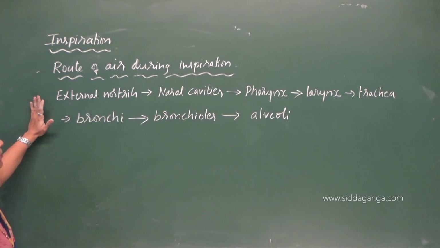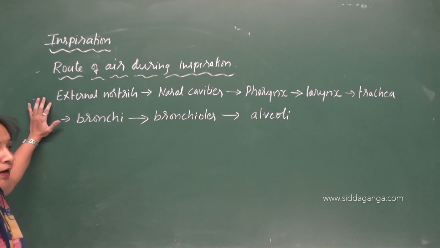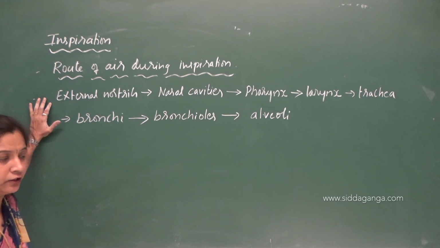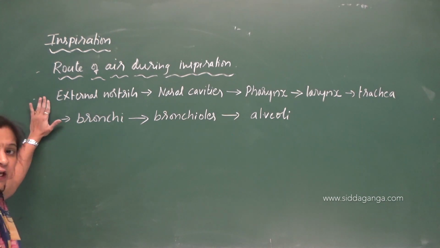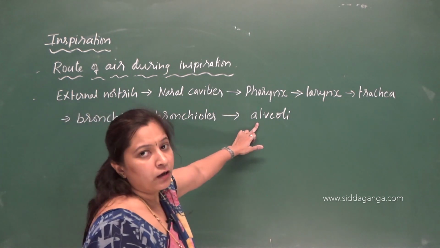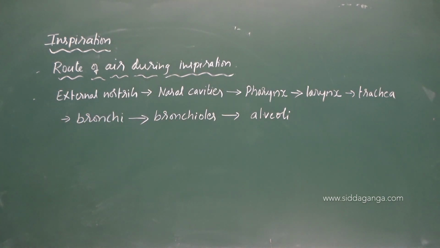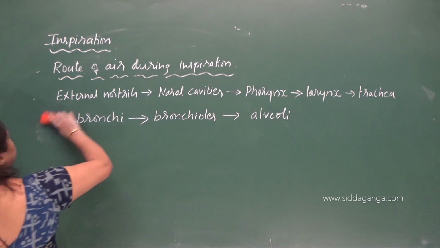This question may be asked in your NET exam: the correct sequence of air passage during inspiration. It starts with the external nostrils and ends with the alveoli. You have to remember this. Now we will talk about expiration.